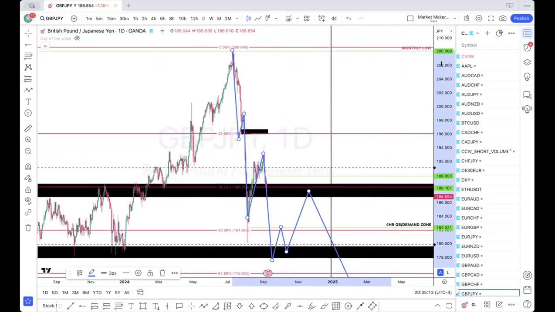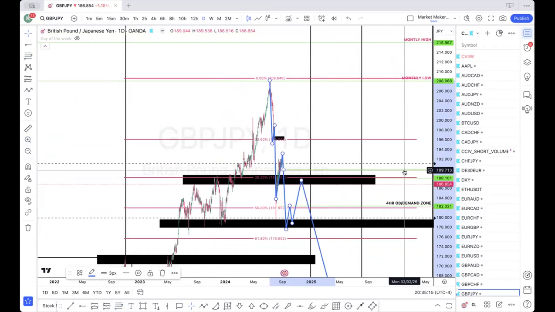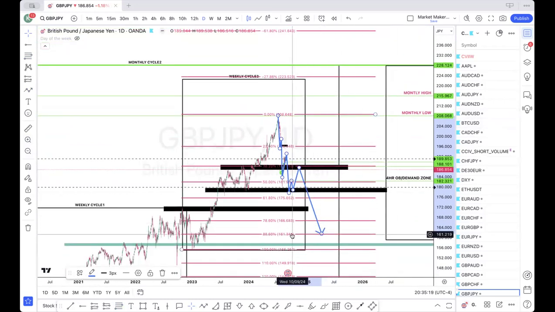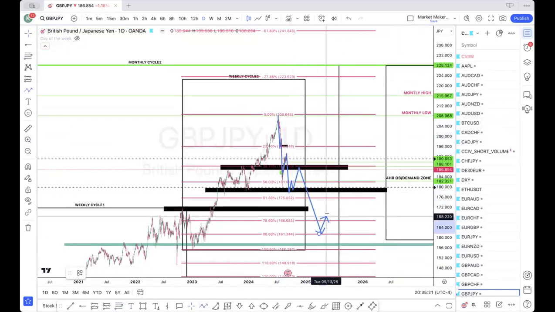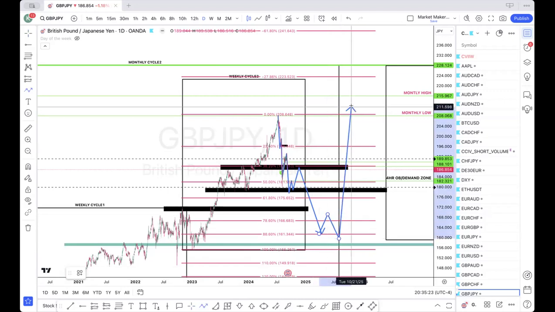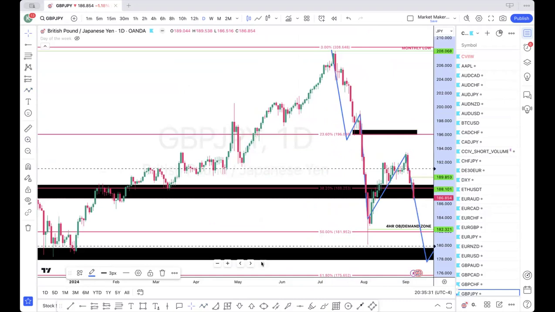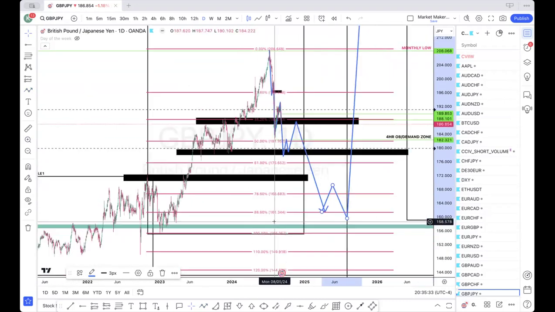There's an imbalance here. So it could come to the 88 and then start pushing up and then start our peak formation for the third move. Okay. And let me reset this.